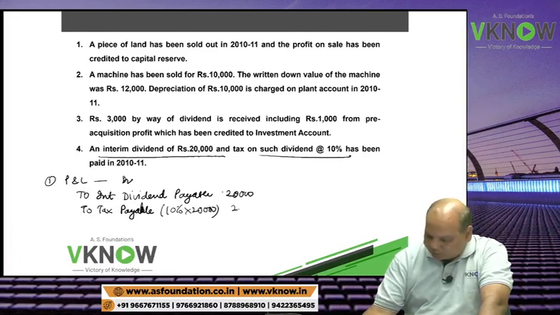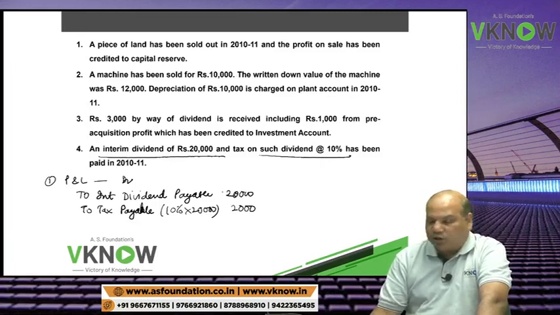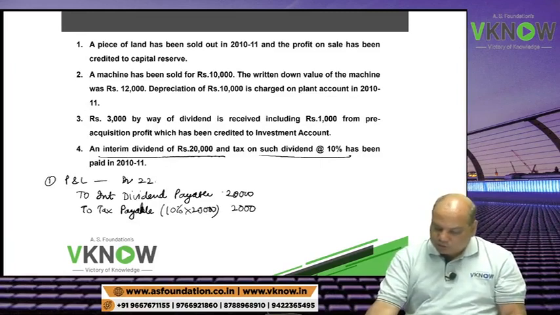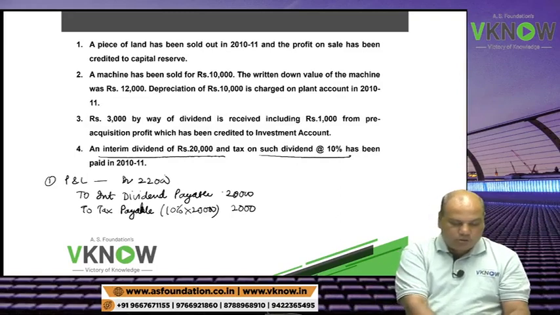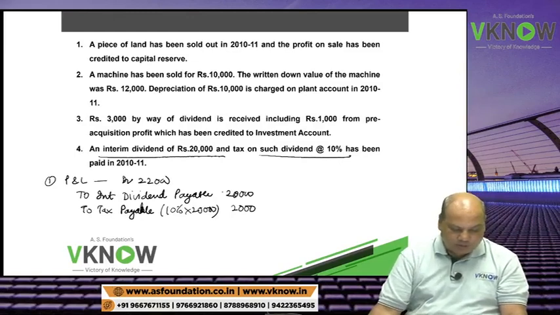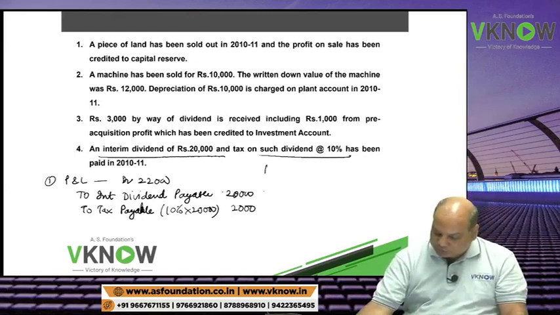Please listen to me carefully. All this we have done earlier also. So total amount you need to debit to the P&L account is 22,000.